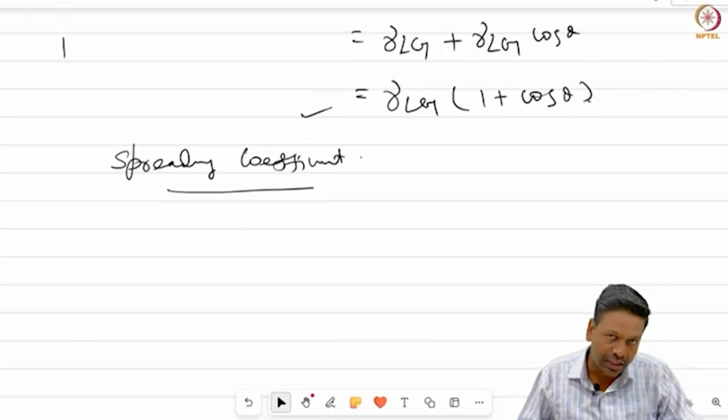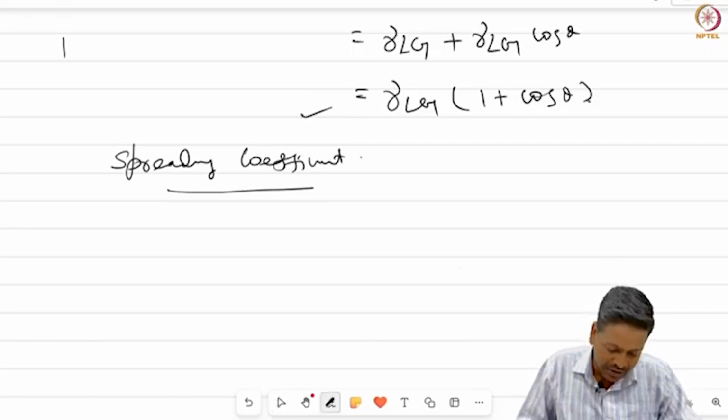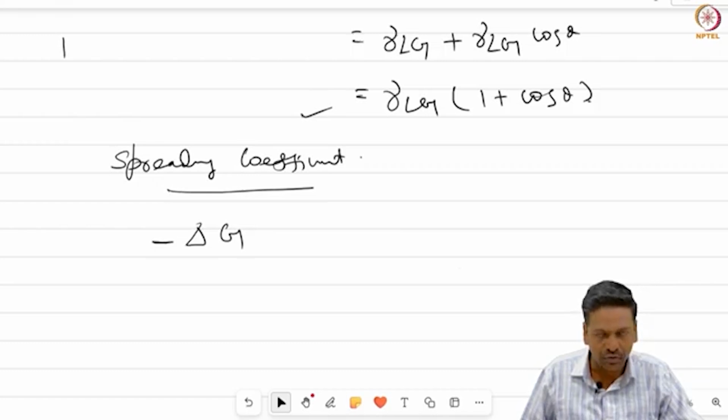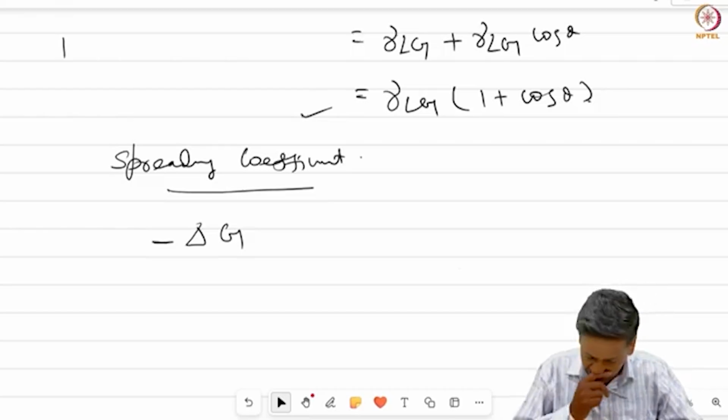What people generally follow is the same delta G approach that we have just used, but with the convention of minus delta G, so that more positive favors the wetting and less positive doesn't. If the spreading coefficient is negative, it will de-wet, whereas if it is very high positive, it will wet spontaneously. So that is the idea.